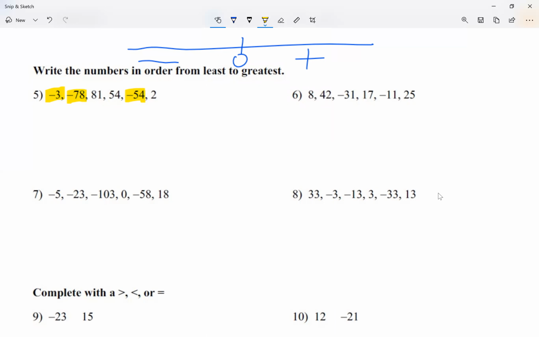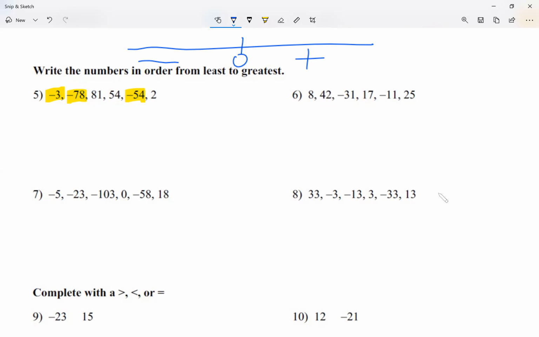If they were positive, the smallest number would be 3, right? 3 would be the smallest and 78 the biggest. Because they're negative, it works the other way around. -78 is the smallest and -3 is the biggest.